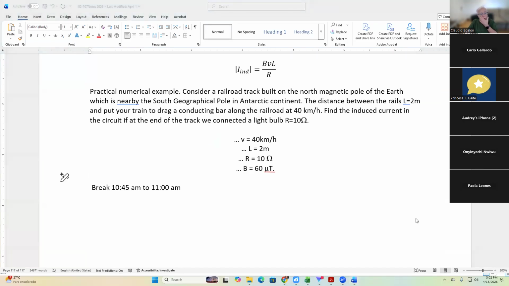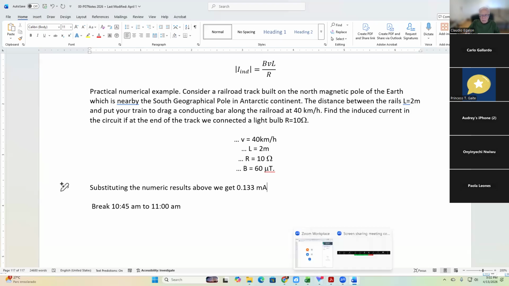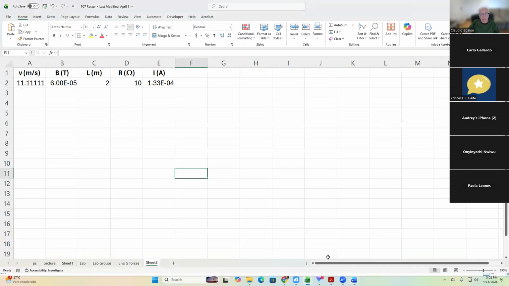Okay, so that's just substituting the numeric results above, right? We get 0.133 milliamperes, which is not a very large current, but it can be measured.